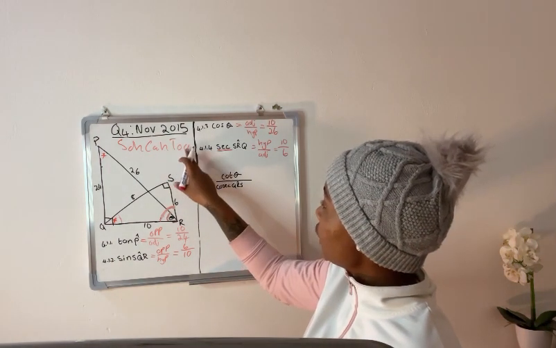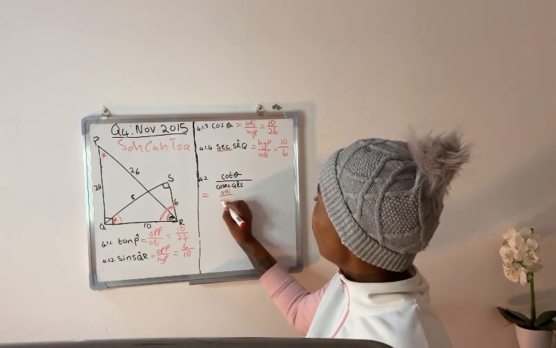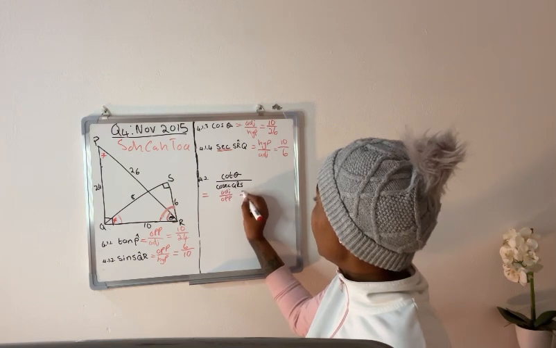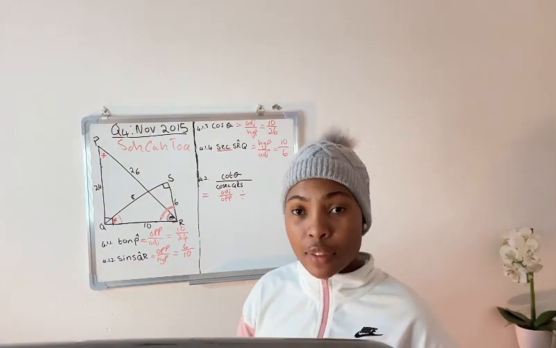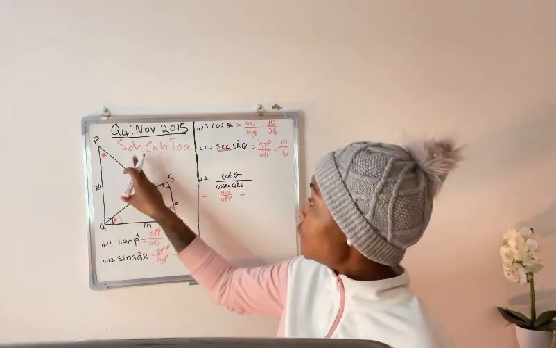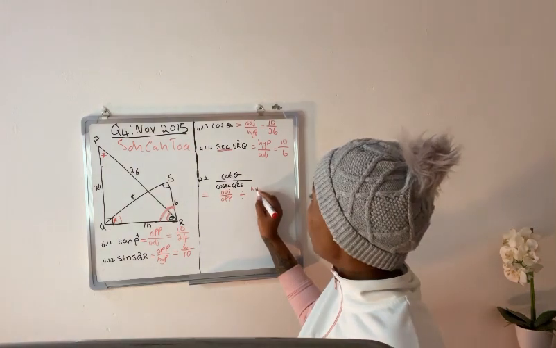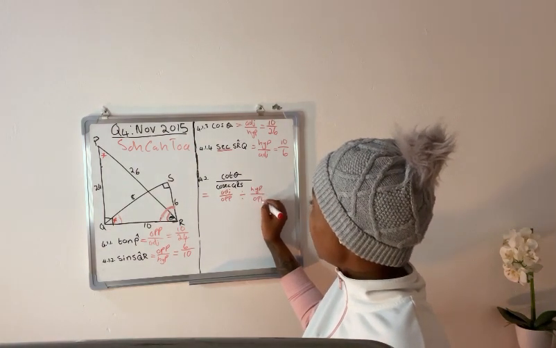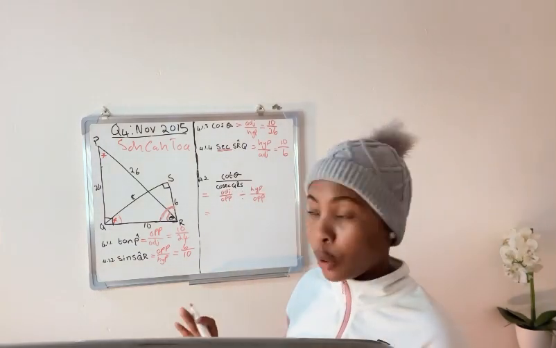Tan is opposite over adjacent, so cot is adjacent over opposite, divided by cosec. Cosec is an inverse function of sine. Since sine is opposite over hypotenuse, it means cosec will be hypotenuse over opposite. Right? Now this can guide us to find the proper values.